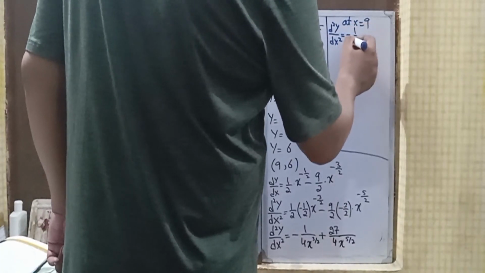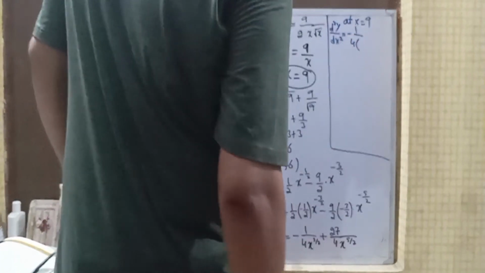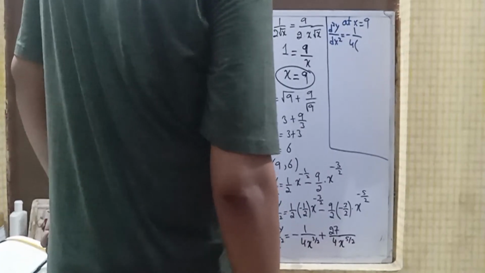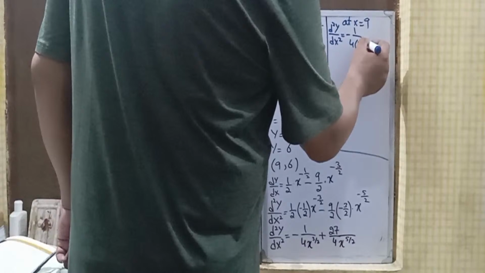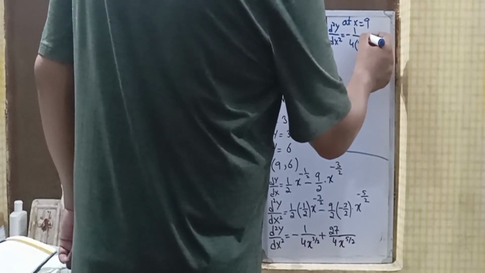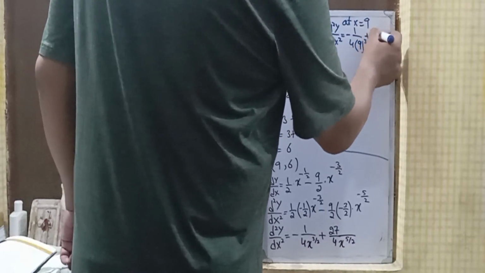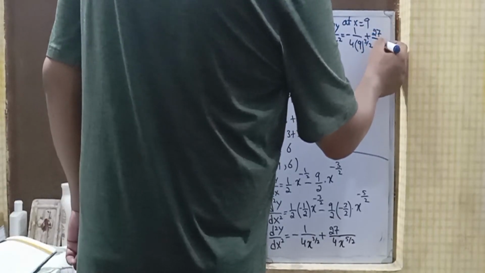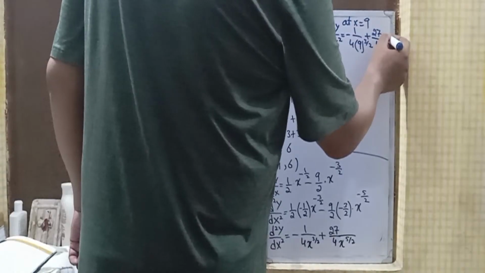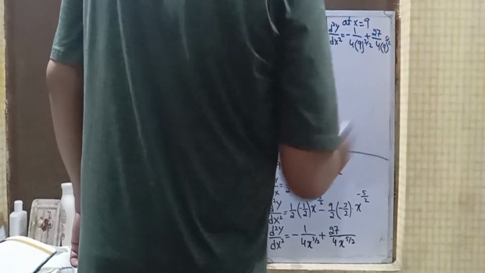will be equal to minus 1 divided by 4 into, in the place of x, I am going to put 9 raised to power 3 by 2. Then you have a positive sign, 27 divided by 4, and you will have 9 raised to power 5 by 2.